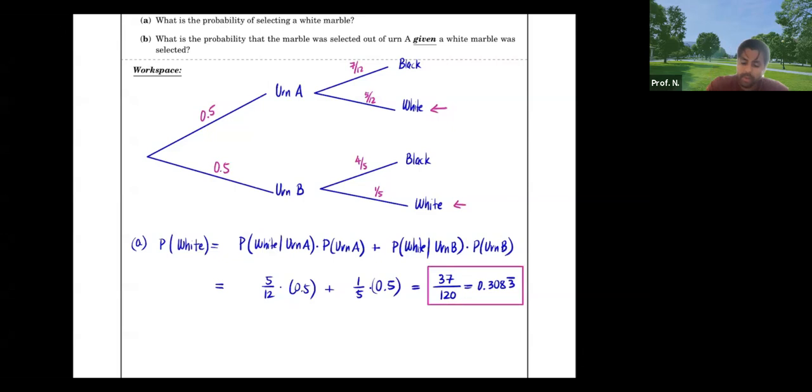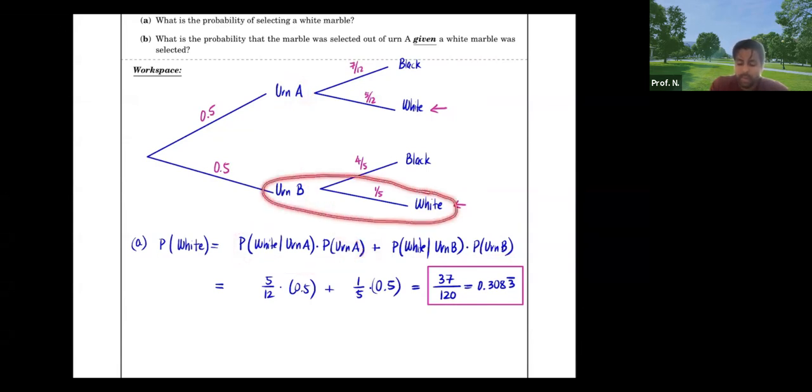So again, the probability of me getting a white marble depends upon getting an urn from urn A or from urn B. So that's why we have to do this calculation, and that's why it's known as the law of total probability, because I'm utilizing the fact that urn B and urn A are mutually exclusive events. So that's why I have to add, and the conditional probability occurs in trying to figure out that both of them occur, right?